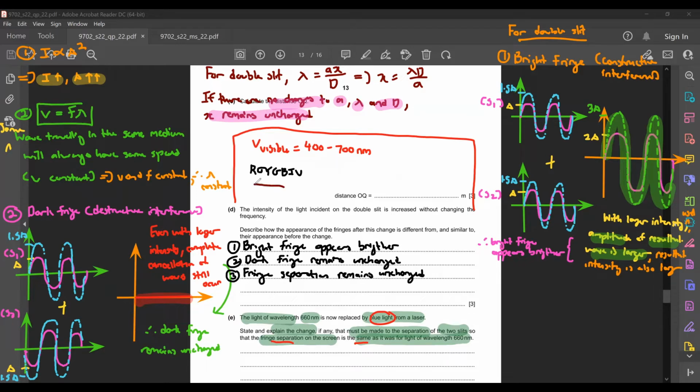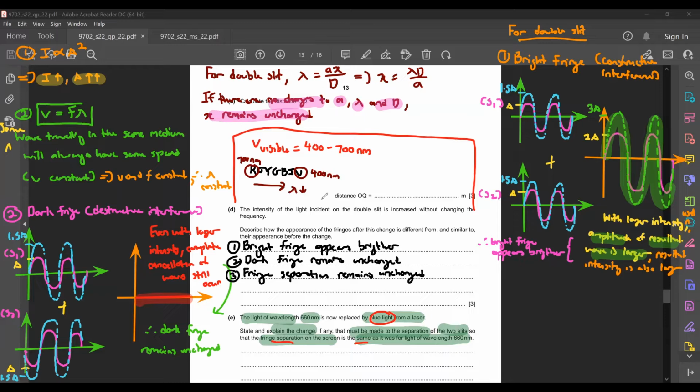Going towards this direction is where wavelength decreases. So the smallest wavelength is going to be violet, this is 400 nanometer. The largest wavelength is going to be red, this one is 700 nanometer. Okay, 700 nanometer is for red light.